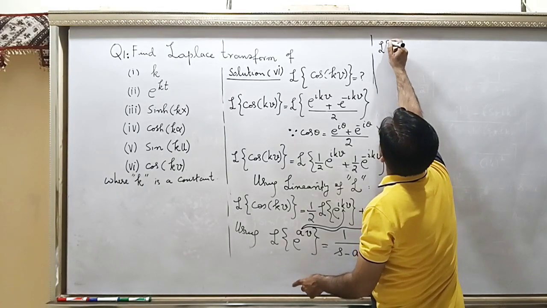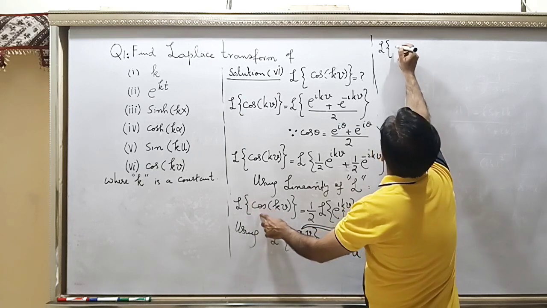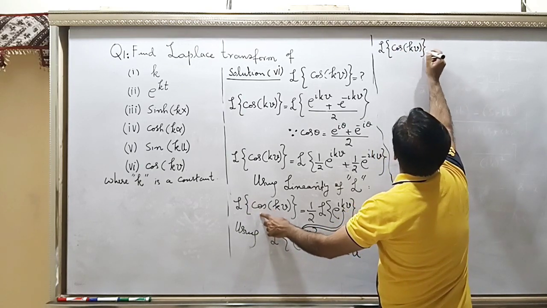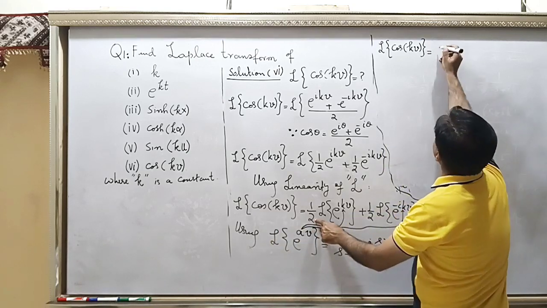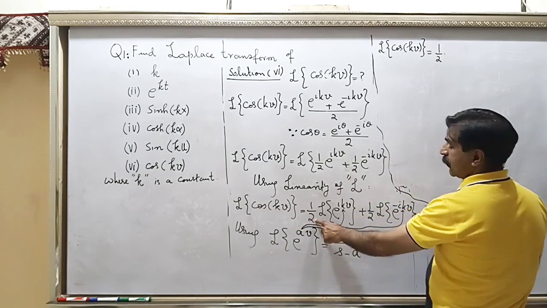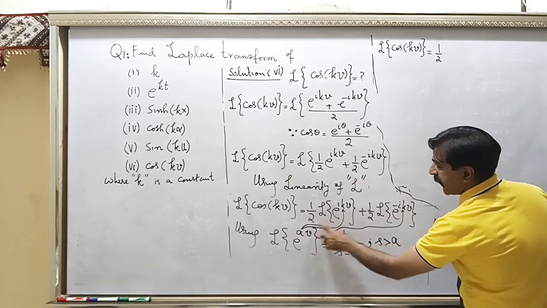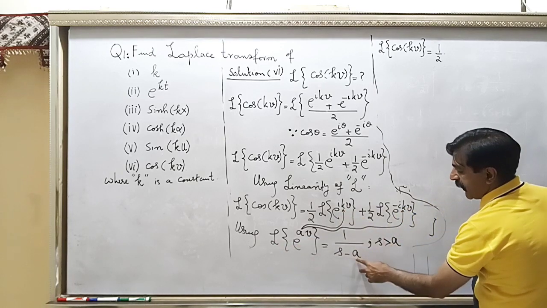Laplace transform of cos of kv is equal to 1 over 2 into, for this case use this formula, and in place of a use ik here.